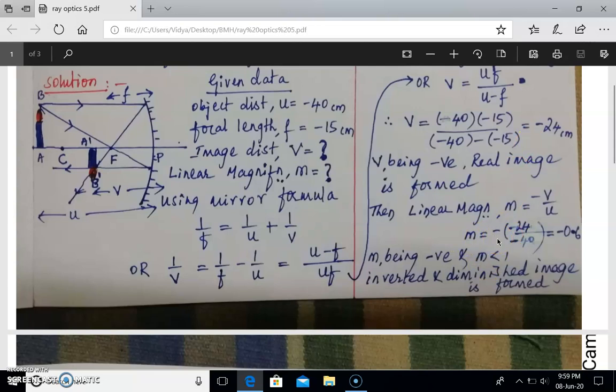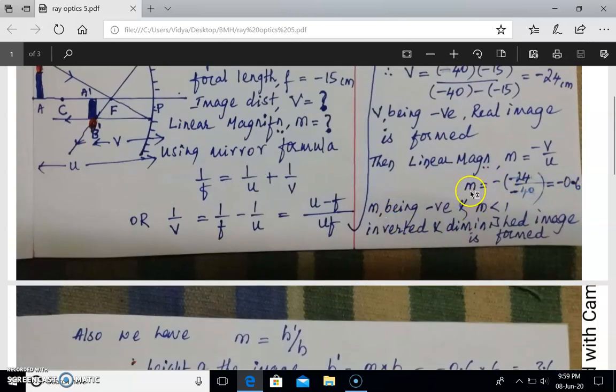Bear in mind, whenever you are working out the numericals, you have to apply Cartesian and new sign conventions and substitute the values in the formula. So linear magnification M equals negative of V by U. So negative of V is minus 24, U is minus 40, which amounts to minus 0.6. Linear magnification is minus 0.6.